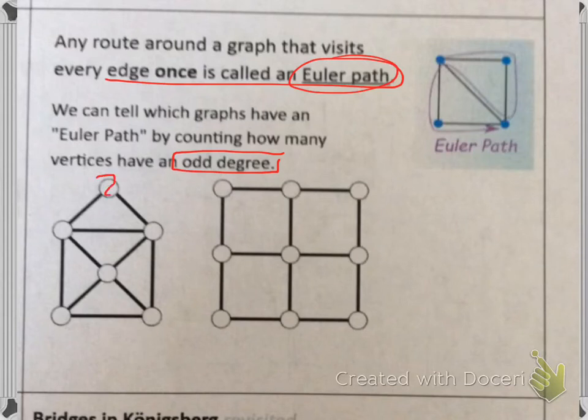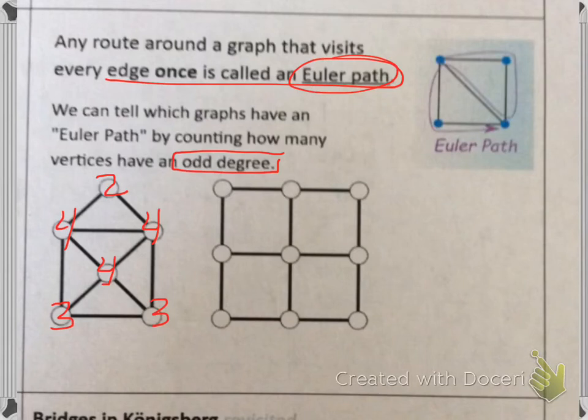So this has 2 edges coming in. This has 4 edges coming in, 3 edges coming in, 3 edges coming in, 4, and 4. So that's how we count the degree of each vertex.